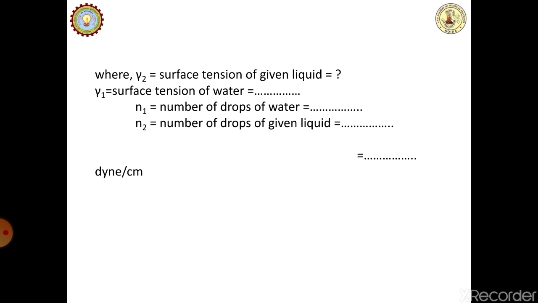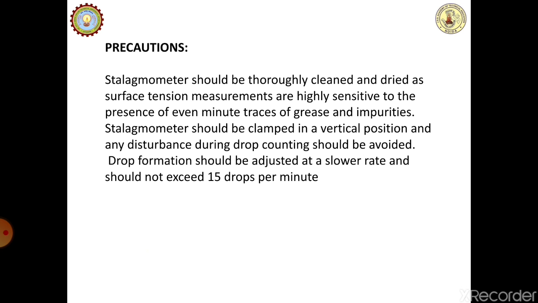In this formula, N1 is the number of drops of water and N2 is the number of drops of the given liquid. Before conducting the experiment, you should know the precautions. The stalagmometer should be thoroughly cleaned and dried, as surface tension measurements are highly sensitive to the presence of even minute traces of grease and impurities.